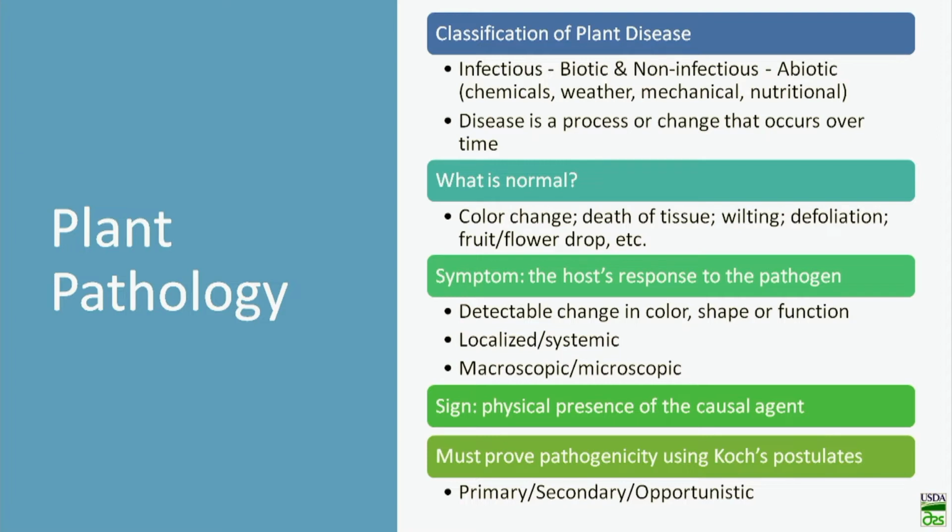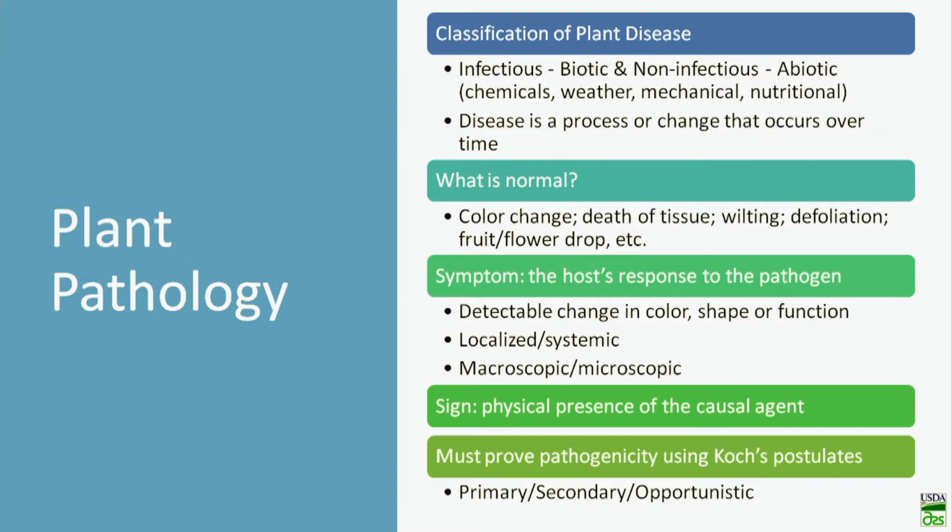Sometimes symptoms can be macroscopic or visible to the eye. Sometimes, especially during the early part of disease, they might be microscopic symptoms. Now, that's in contrast to the signs, or the actual physical presence of the causal agent. So now you're going to actually observe maybe the fungus or the bacteria present.